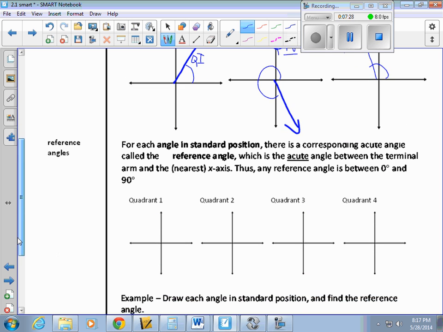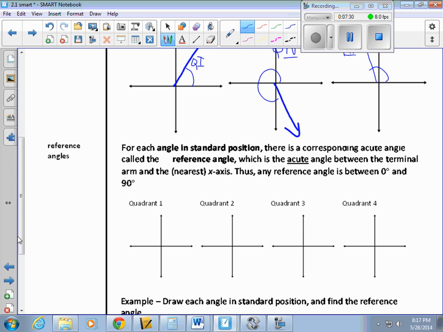So reference angles then. It says for each angle in standard position, there is a corresponding acute angle called the reference angle, which is the acute angle between the terminal arm and the nearest x-axis. The difference between an angle in standard position and a reference angle is that for standard position, you have to have the positive x-axis.